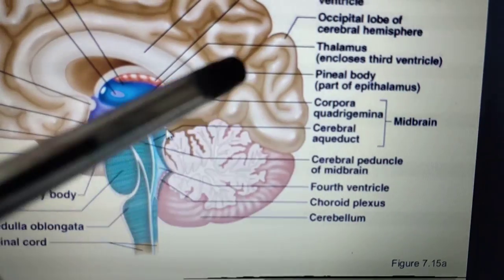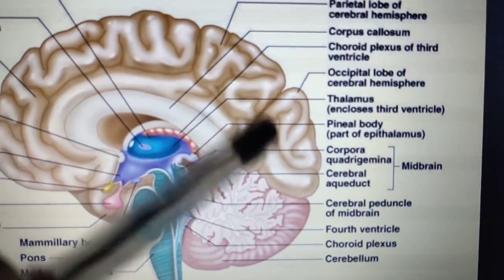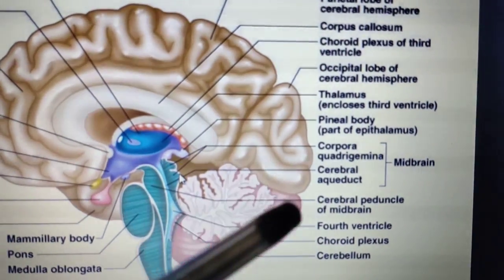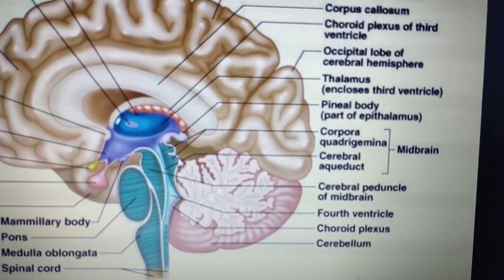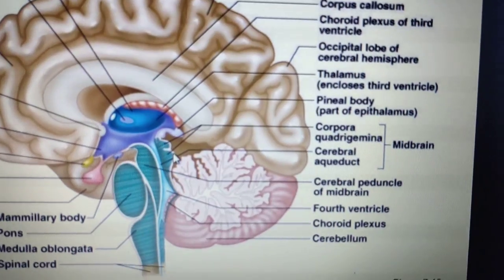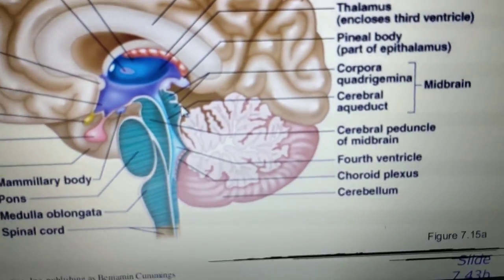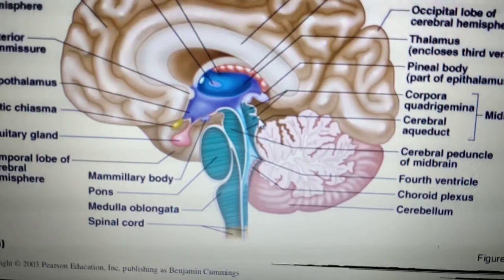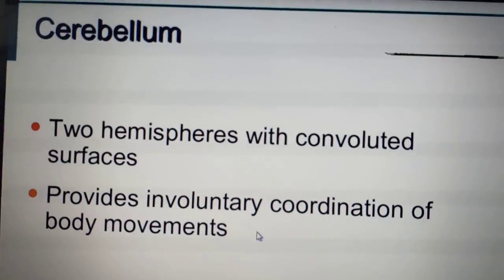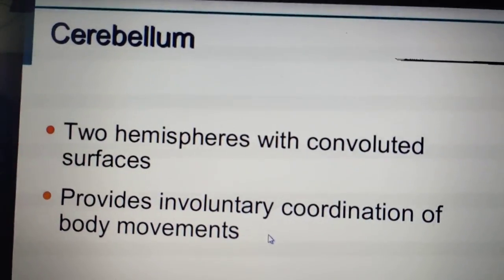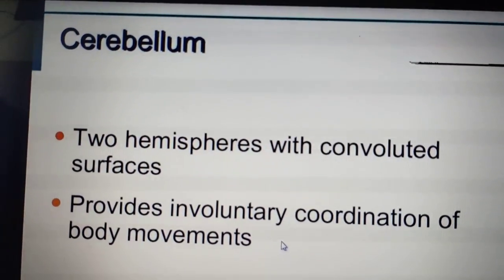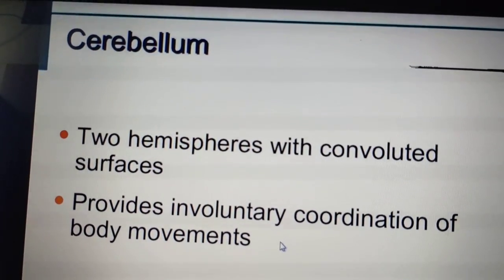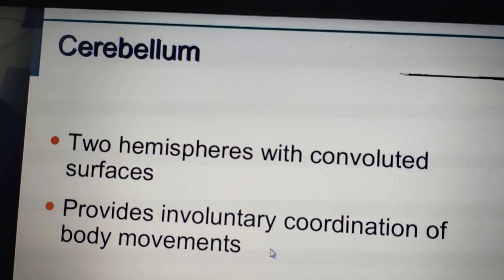The cerebellum also has two hemispheres. Two hemispheres means two separate divisions, two lobes we can say. This cerebellum provides involuntary coordination of body movement. What do you mean by this? See, if you put your right leg first, then the left leg comes second, isn't it?